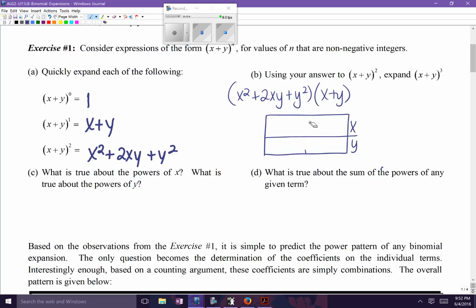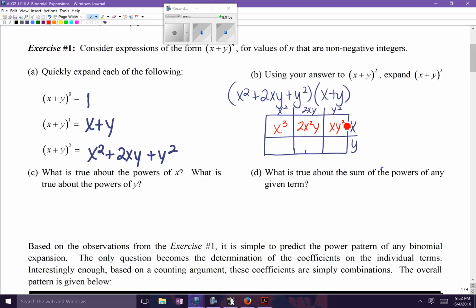You could distribute it out. Okay, so I have an x squared, a 2xy, a y squared. So x squared times x is going to be x to the third. 2xy times x is going to be 2x squared y. y squared times x, xy squared.